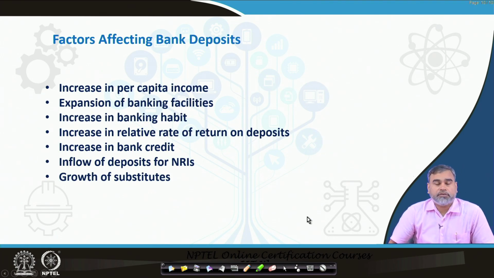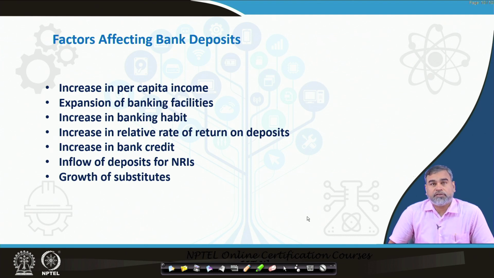There are many factors which affect the bank deposits. The first one is per capita income. If the income of the person is increasing, then there is a possibility that the surplus money can be deposited in the bank. Expansion of banking facilities.